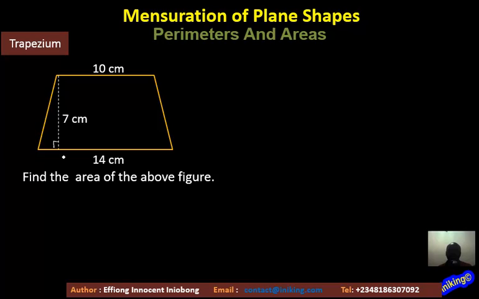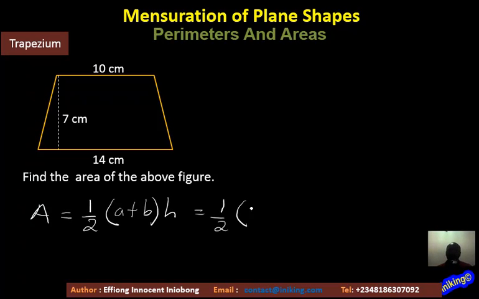the area will simply be half the sum of the parallel sides, that's your A plus B, times the height. And that will give us what? Half the sum of parallel sides 10 plus 14, and then the height 7.